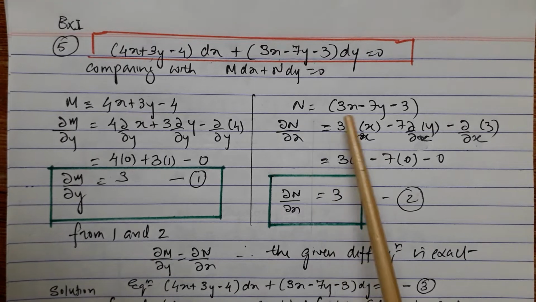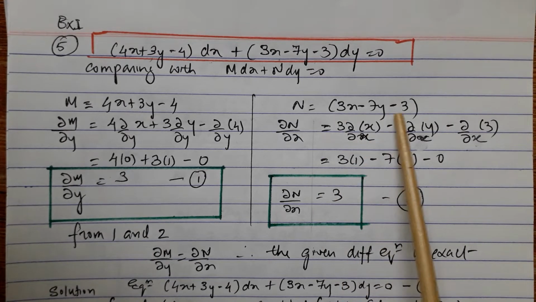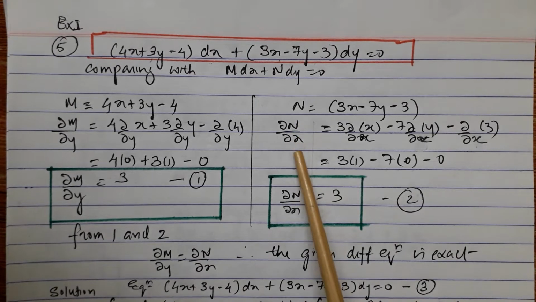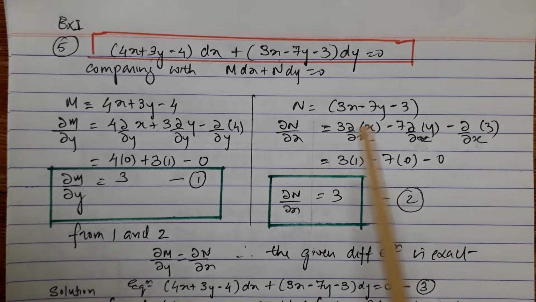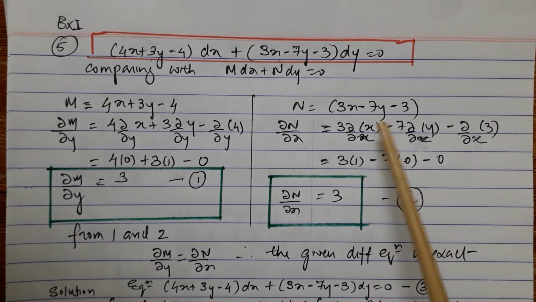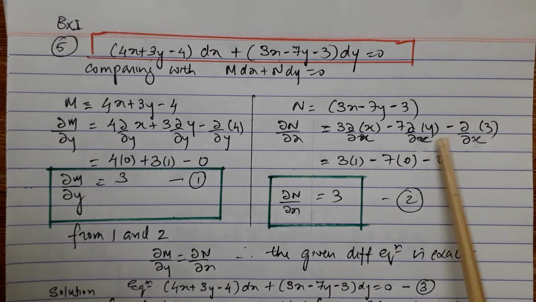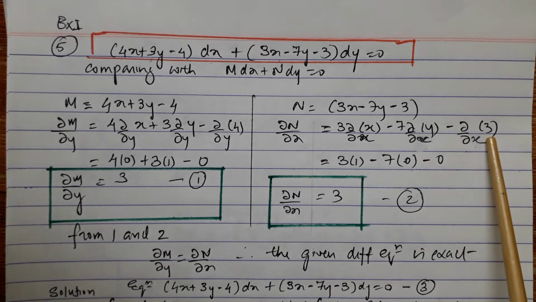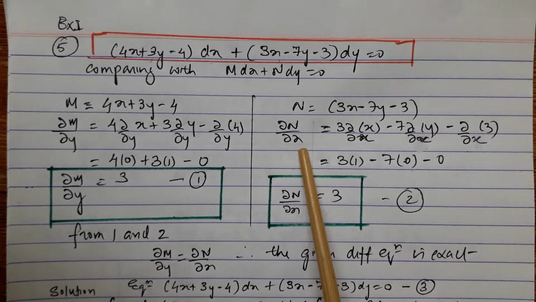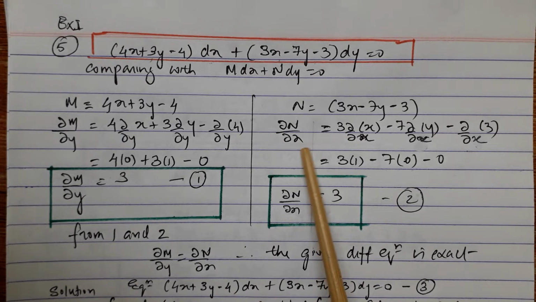Now, N = 3x - 7y - 3. Now, taking the partial derivative of N with respect to x, that is del N by del x equals 3 del by del x of x minus 7 del by del x of y minus del by del x of 3. Now, since we are taking the partial derivative with respect to x, we treat y as a constant.